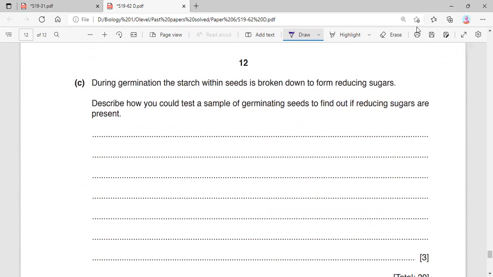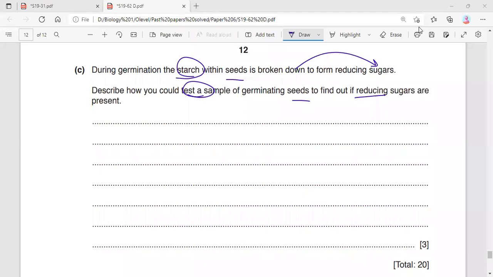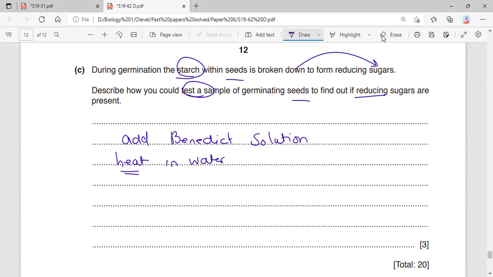The last question: during germination, the starch within the seeds is broken down to sugar. Describe how you could test a sample of seeds to find if it contains reducing sugar. The answer will be: add Benedict's solution, heat, very important, in a water bath.